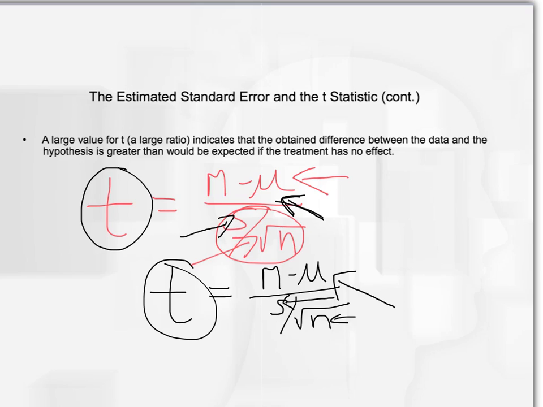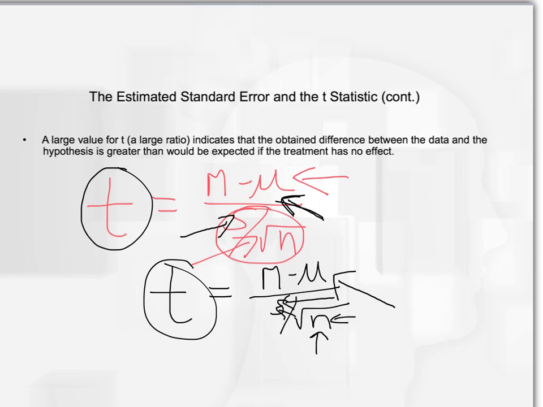Conversely, if n is getting smaller, if you have fewer subjects, your denominator would get larger. And when you divide a larger number into that obtained difference, your t-value will get smaller.